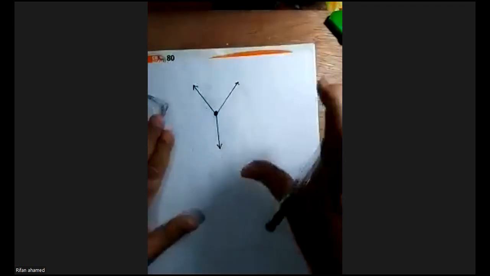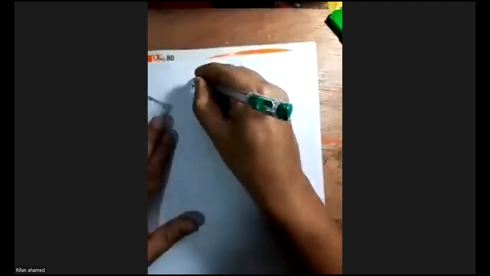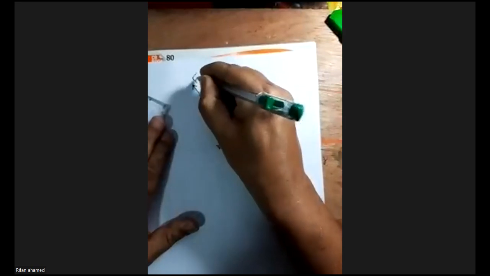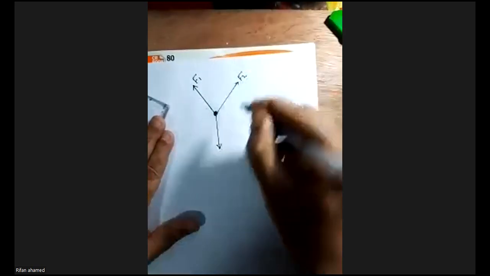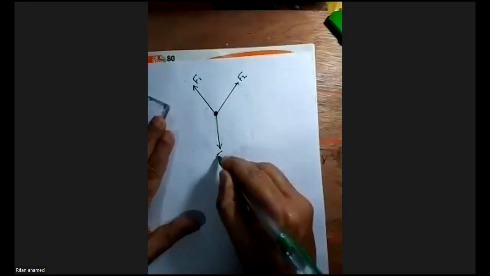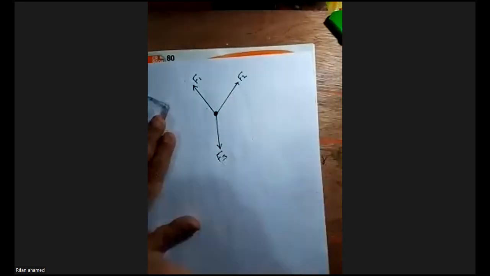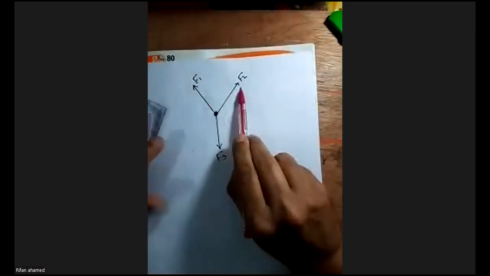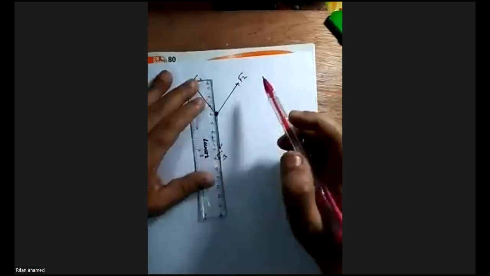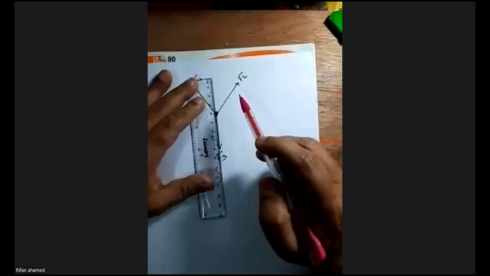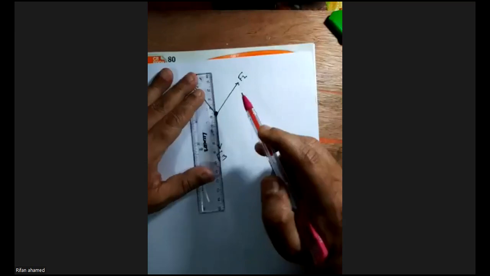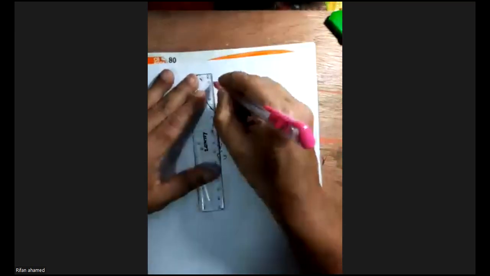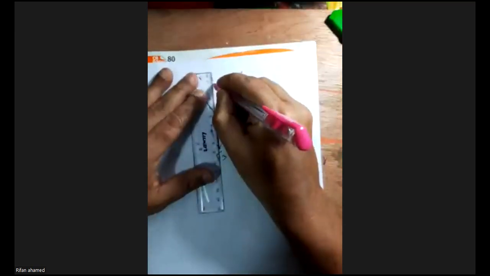This is the appearance. Here, if I take this one as F1, this one as F2, and this one as F3, for F1 and F2 there will be a resultant, right? That resultant is like this.